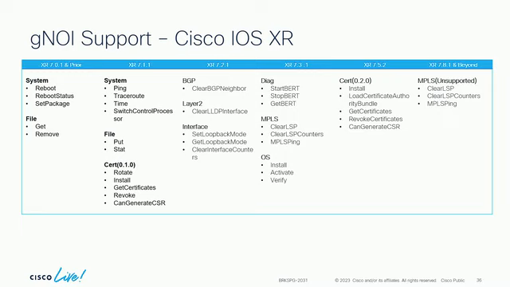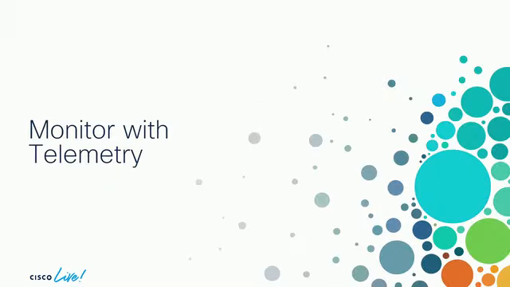This is more recent, what we are adding, and we keep doing more and more. Currently we are doing more on MPLS, and a bunch of RPCs are going to be added in the future. So stay tuned for updates in this area.